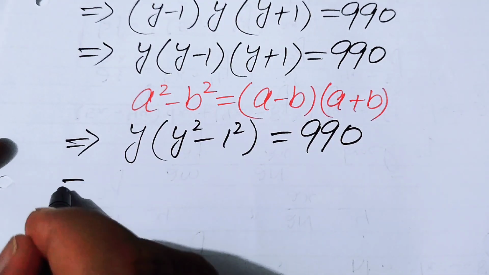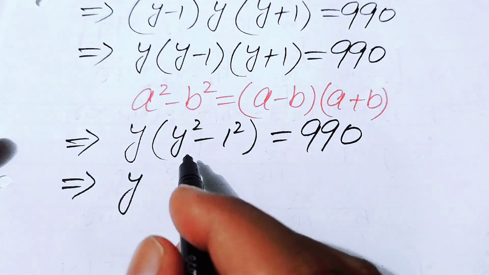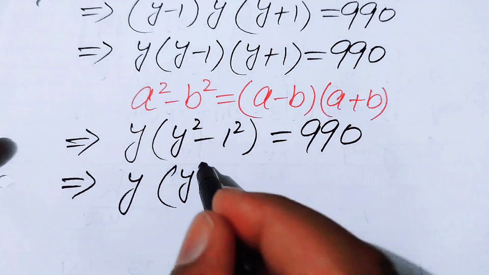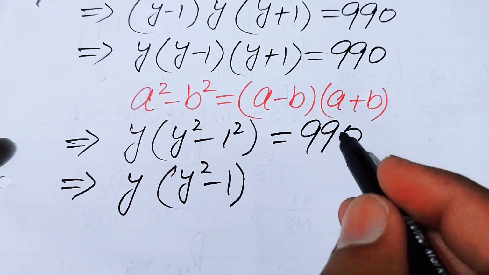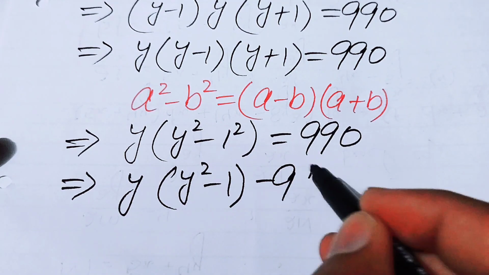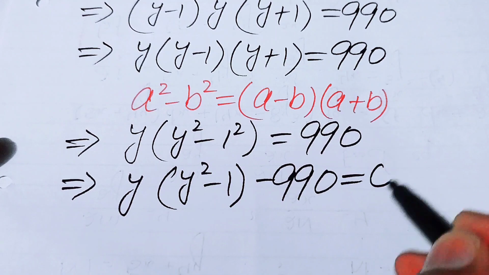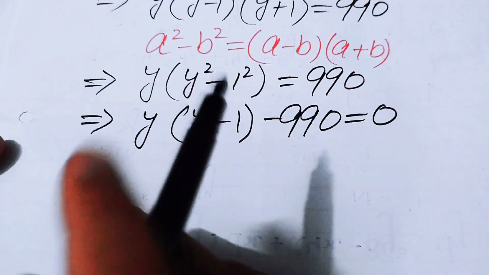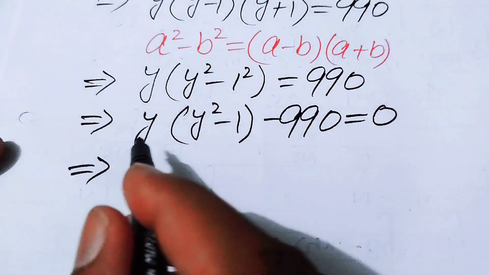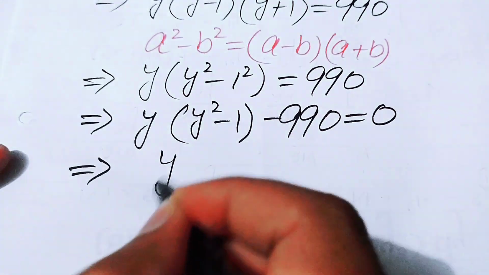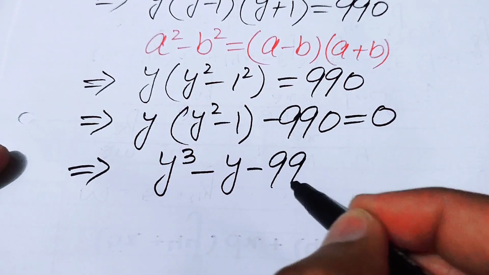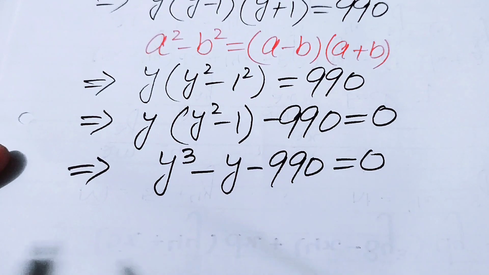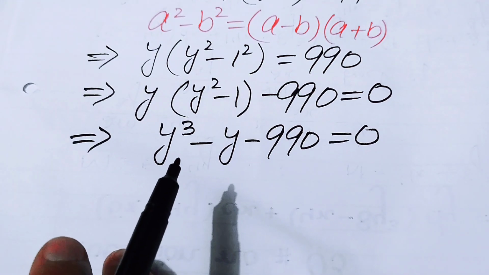So here we have y times (y squared - 1), and we move this 990 to the left hand side and you get minus 990 = 0. Now we multiply this y on both of the terms and you get y cubed - y - 990 = 0.